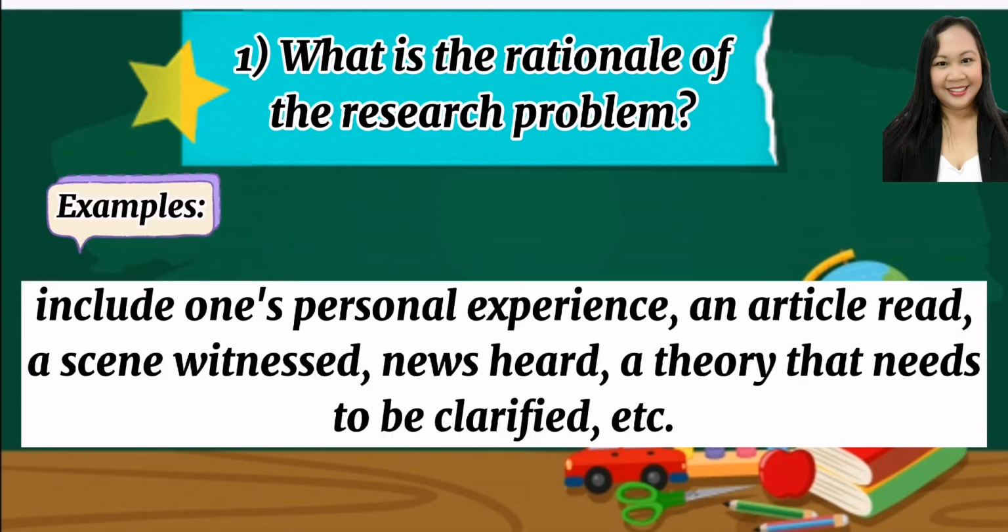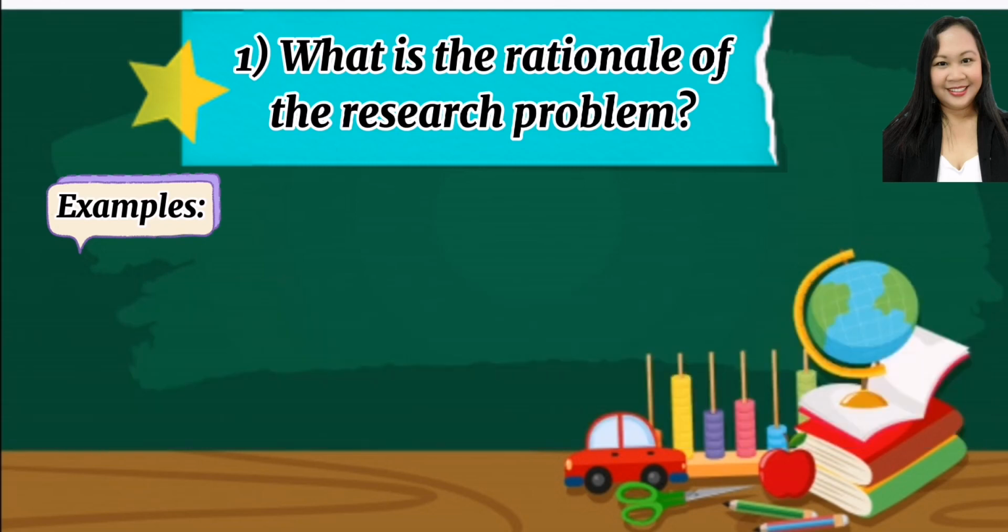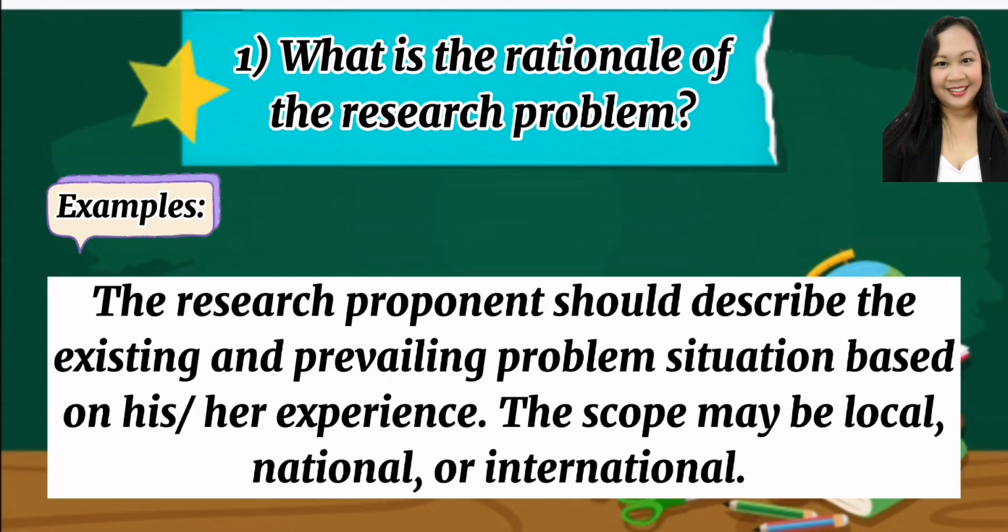Examples include one's personal experience, an article read, a witnessed event, news heard, a theory that needs to be clarified, etc. The research proponent should describe the existing and prevailing problem situation based on his or her experience. The scope may be local, national, or international.